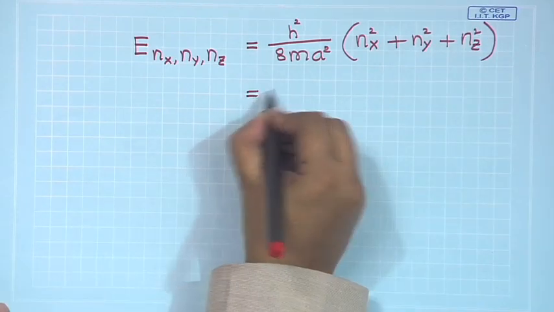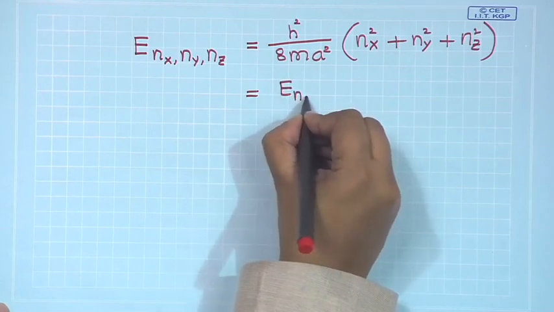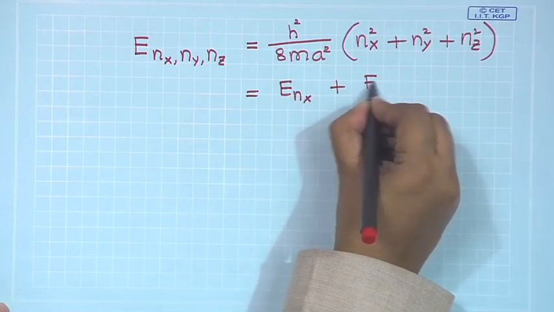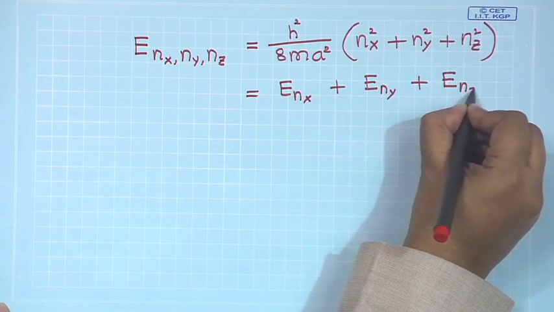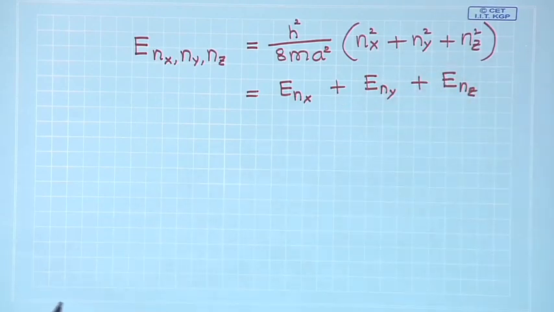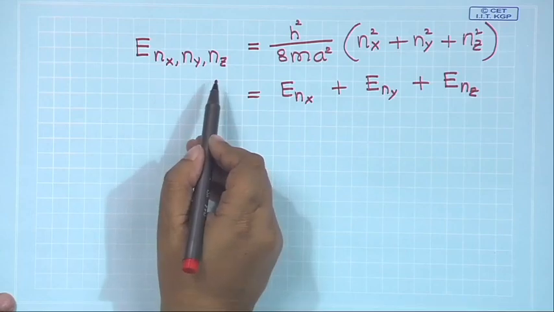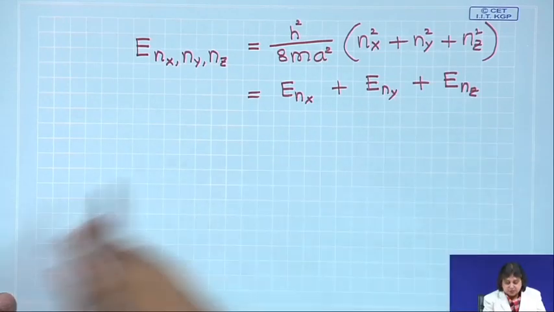And therefore, I would say that this is nothing but Enx plus Eny plus Enz. That is because whatever happens in the three orthogonal directions, they give you three independent degrees of freedom, and therefore, I can write the total energy eigenstate in terms of three independent contributions.